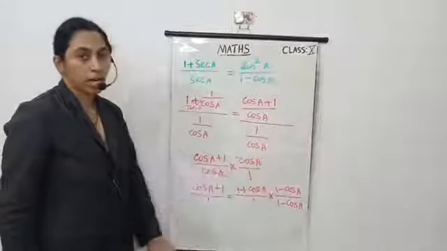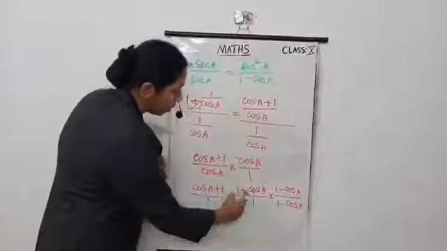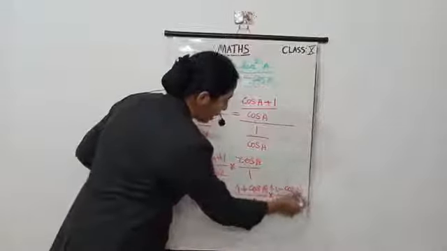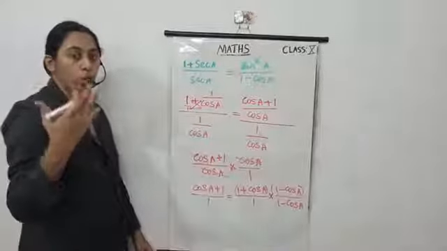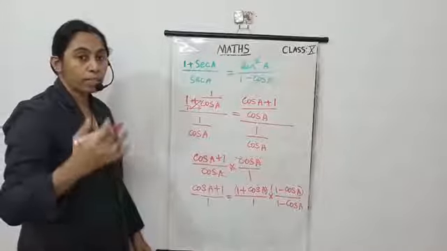This answer can have no variation. So multiply both the numerator and denominator. So this is 1 plus cos A into 1 minus cos A. That is (a minus b) into (a plus b). (a minus b) into (a plus b) is a square minus b square.